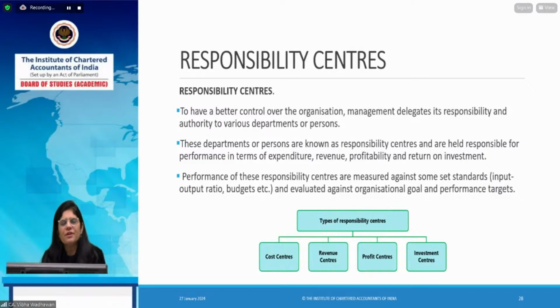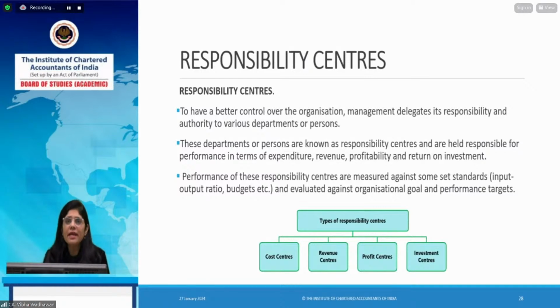So when different departments are there, you have to place a manager who will run their own department. So I've made a production department, a purchase department, a finance department. All these departments will have a manager also. Production manager, finance manager. So every department manager is responsible for his own department.